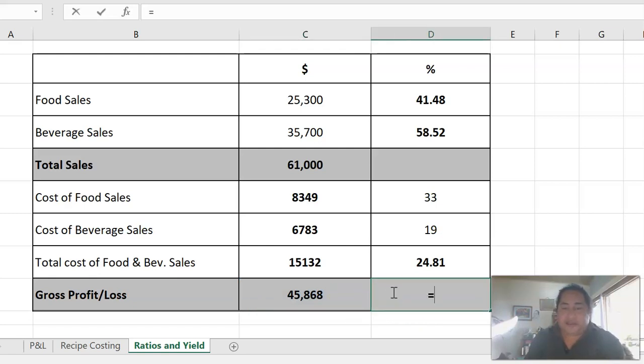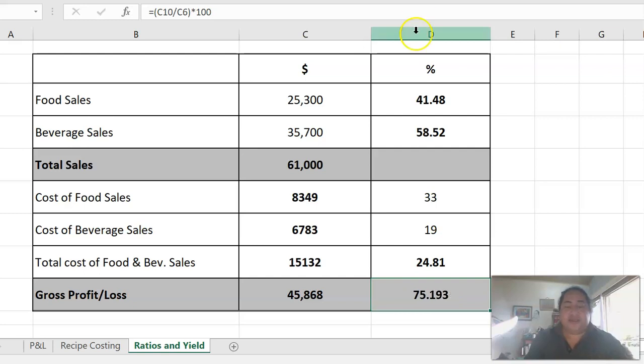So equals, divide by. That's your denominator.